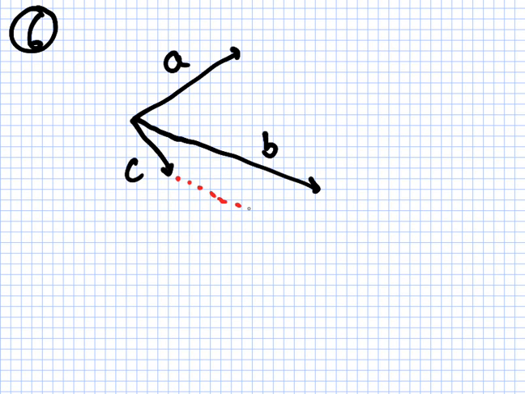So we do B plus C, okay. There's B plus C. Can you see that? That's B plus C. And then we add that to A. So in green, let's add that answer to A. And that's A plus B plus C.